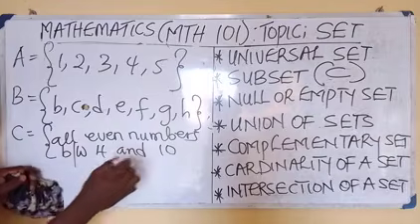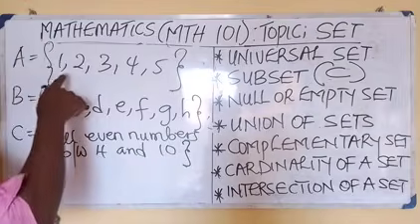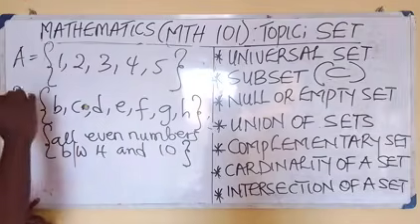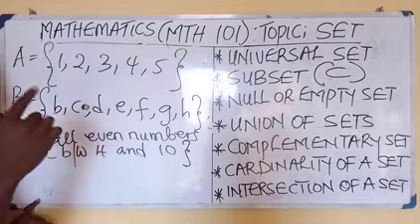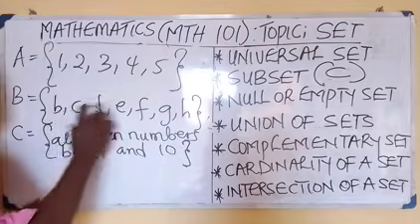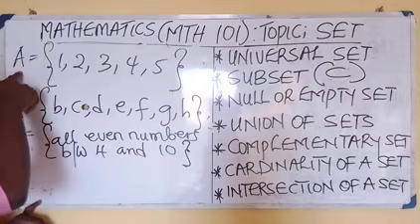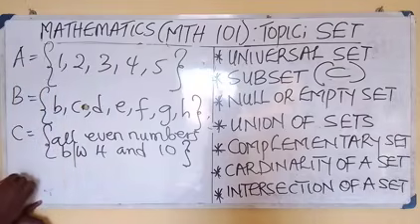All even numbers between 4 and what? 10. So for me to get the cardinality of A, the word cardinality, I told you, means the total number of elements found in a given set. So these are the elements of the set. So now please, the cardinality of a set is written as this.